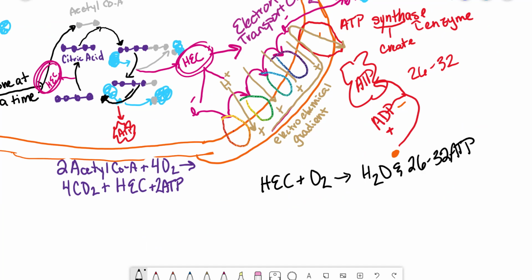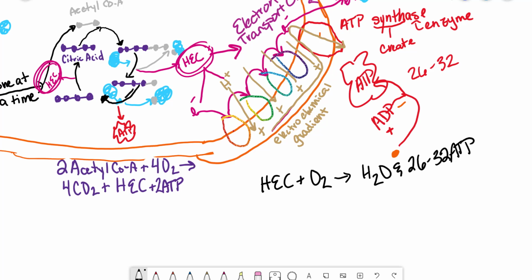All right, so chemical formula time. We took high energy compounds and we added oxygen, and what we created was water and then 26 to 32 ATP. I know I said more before, but I was actually giving you a total before adding everything up.